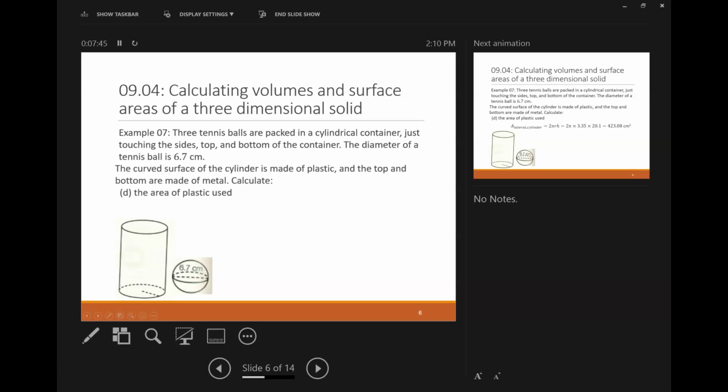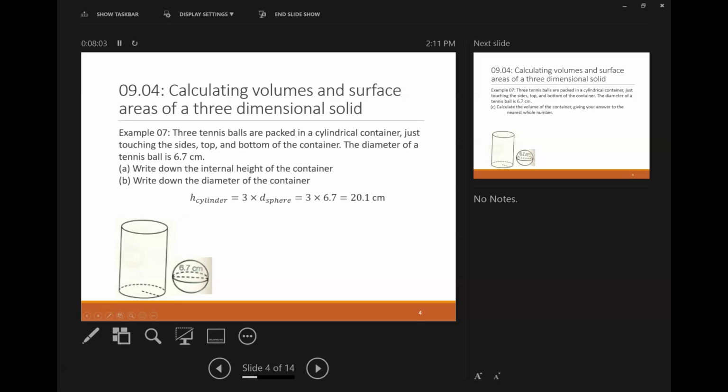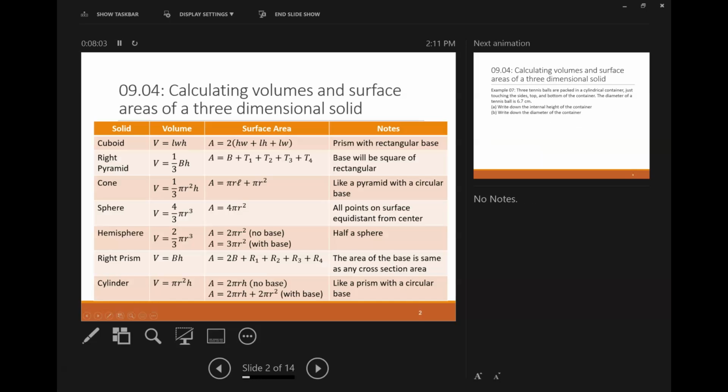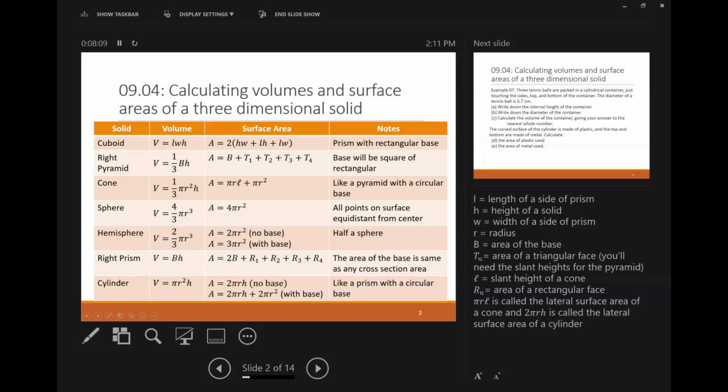Okay. It says the curved surface of the cylinder is made of plastic, and the tops and bottoms of the container are made of metal. Calculate the area of the plastic used. So I'm going to use the surface area formula for a cylinder without the 2 base on it. So if I went back and looked at that surface area for a cylinder, we have the no base version.